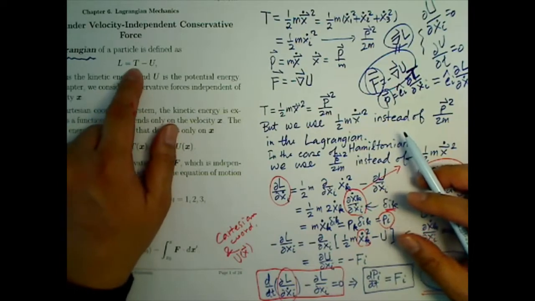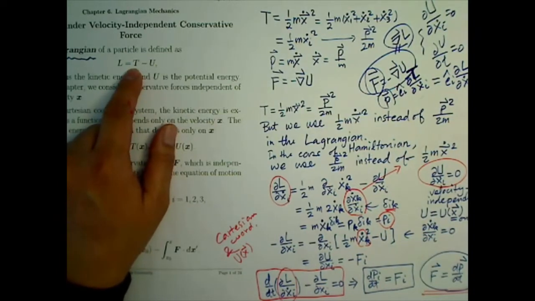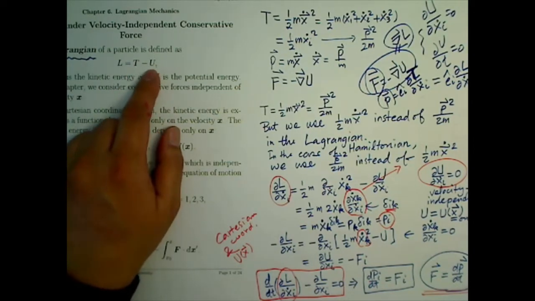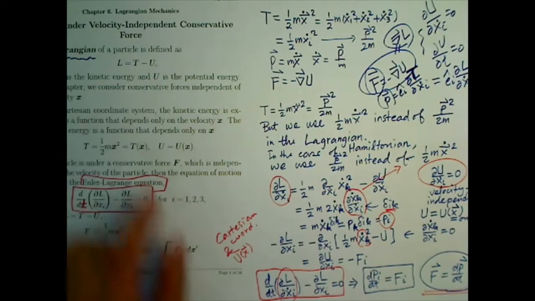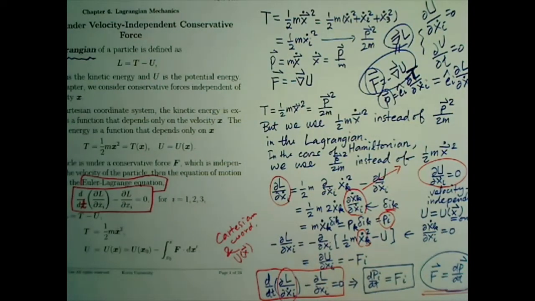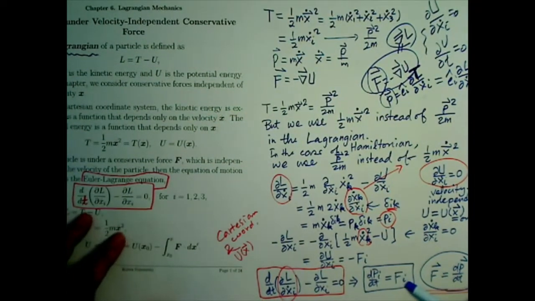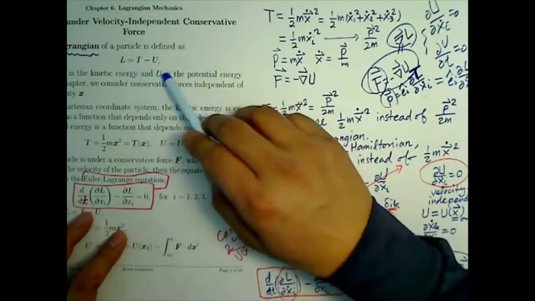Momentum can be derived from the partial derivative of the kinetic energy with respect to the velocity. Force can be obtained by taking the minus gradient of the potential. So this is exactly the same equation, except that momentum and force are derived directly from the Lagrangian.